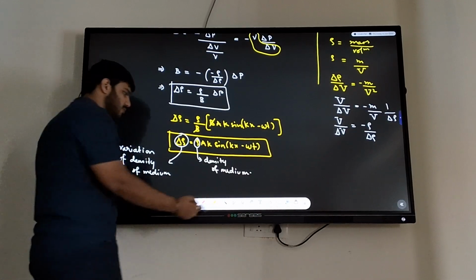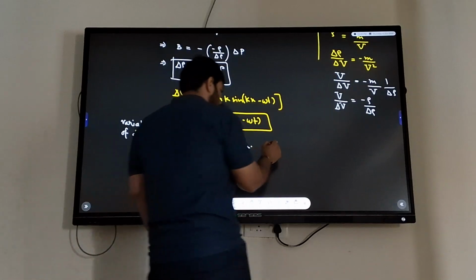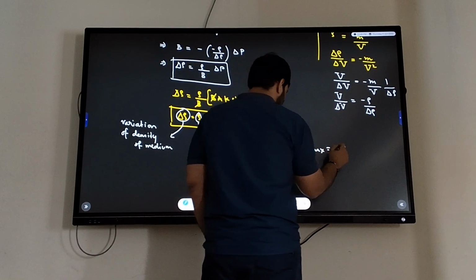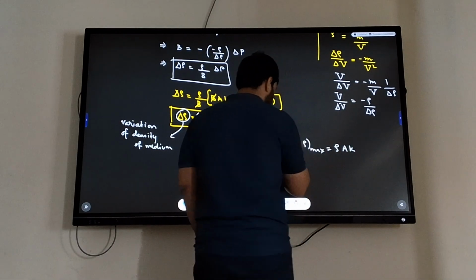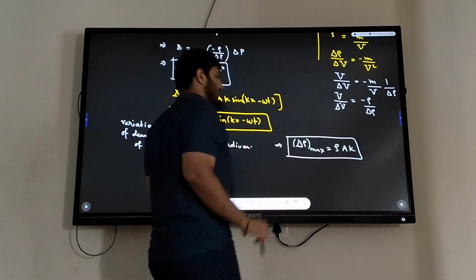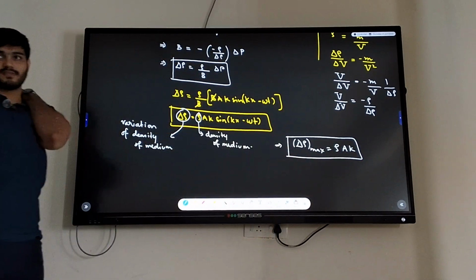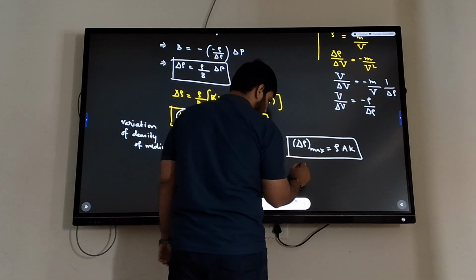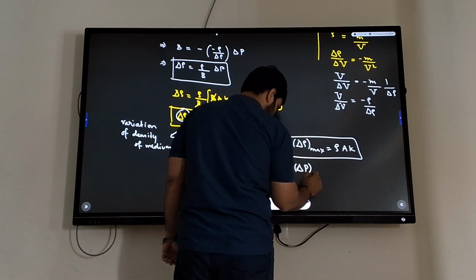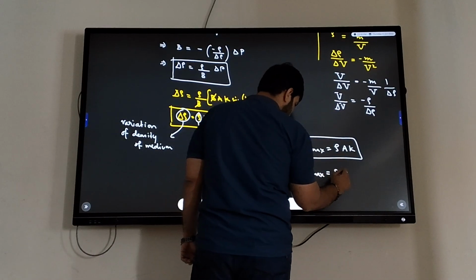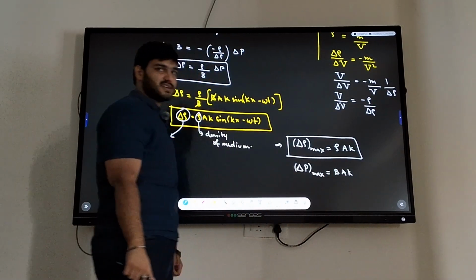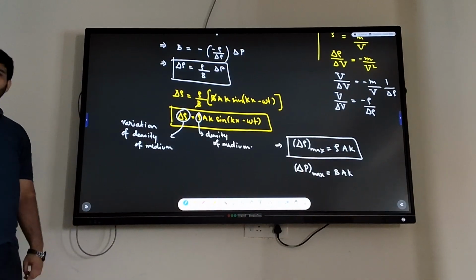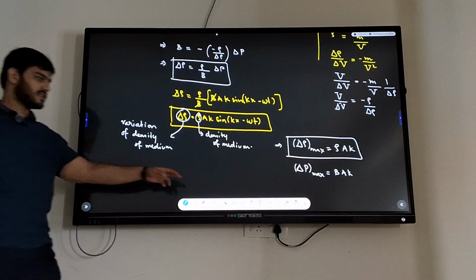Can you tell me the max value of this wave? That's rho A k. So delta rho max is rho A k. Do you remember what was delta P max? What was delta P max? That was B A k. So can I find some kind of relation between delta rho max and delta P max? How to find? Just divide the equations, huh? And I will get the relation.